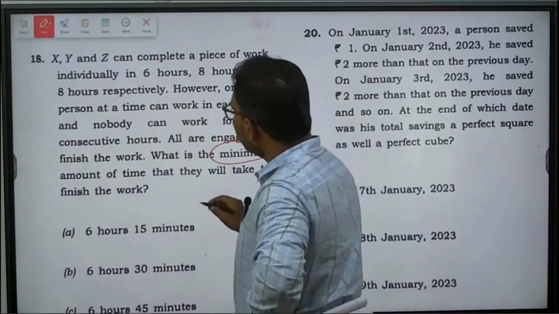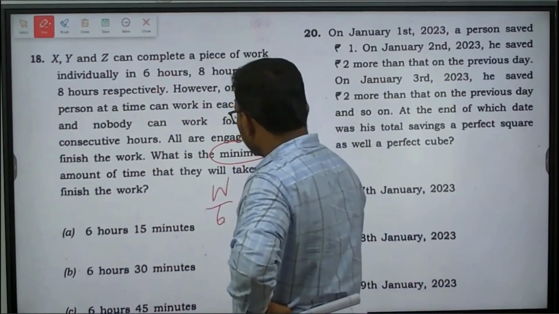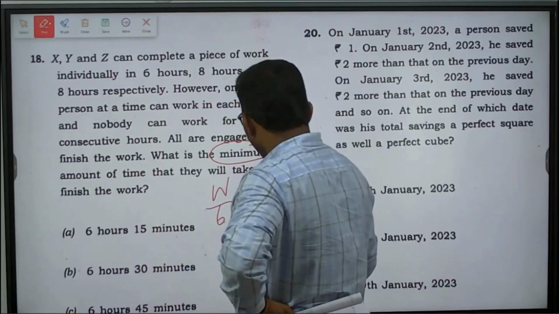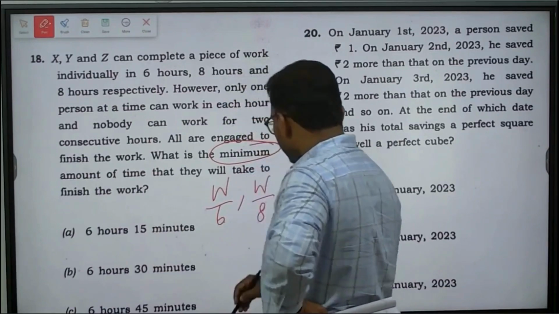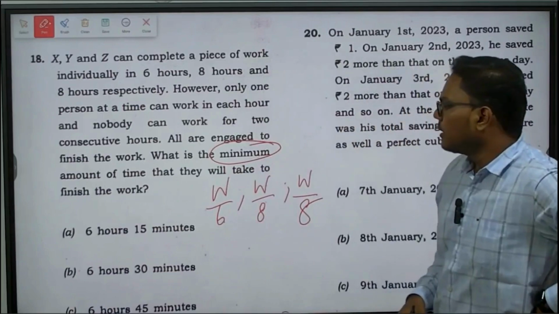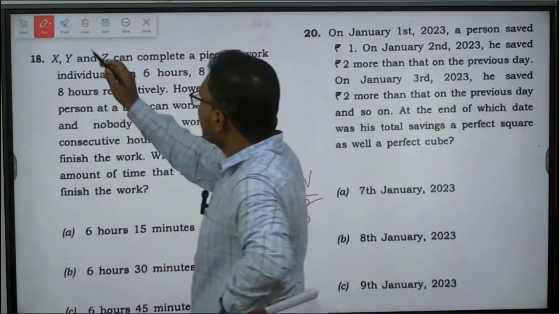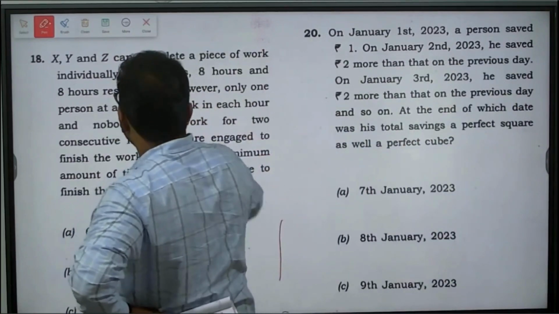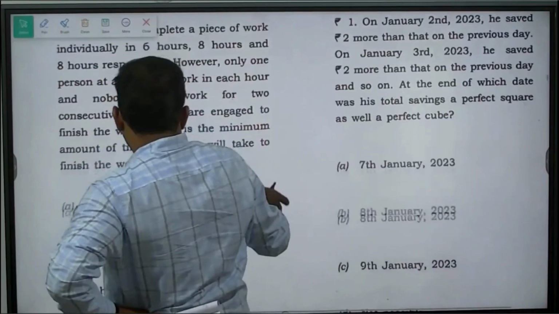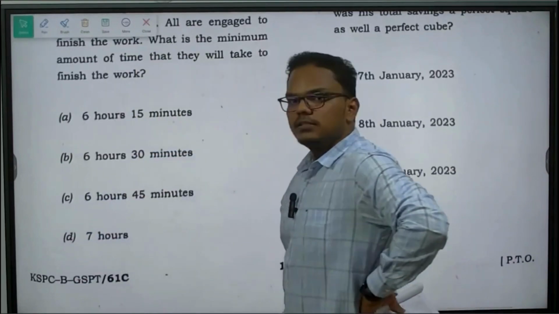Your work done by X in unit time is W by 6. Work done by Y is W by 8. Work done by Z is W by 8. If you see the options, everything is more than 6 hours.